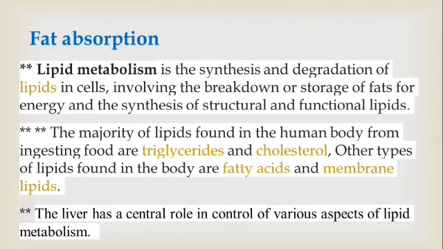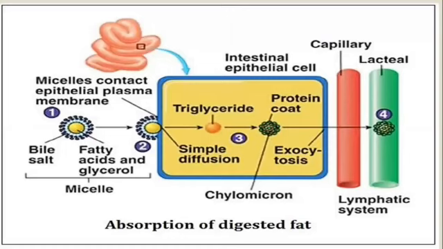Other types of lipids found in the body are fatty acids and membrane lipids. The liver has a central role in controlling various aspects of lipid metabolism. The liver produces bile, components of which are required for efficient intestinal fat absorption, plus biliary secretion of cholesterol.